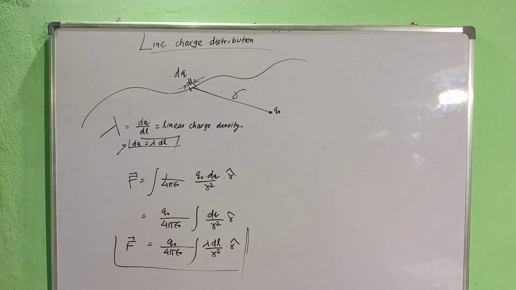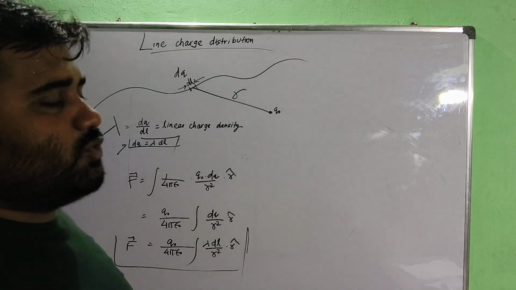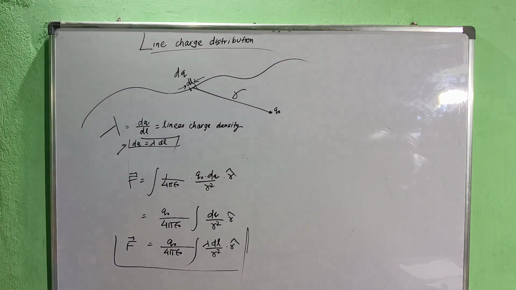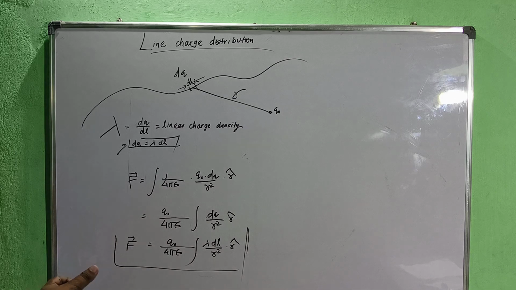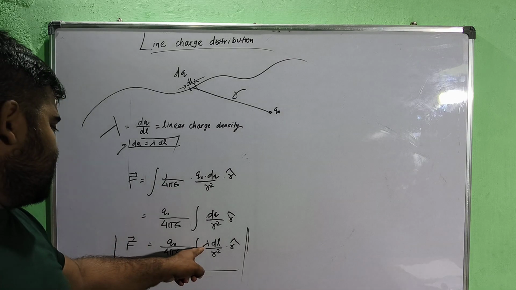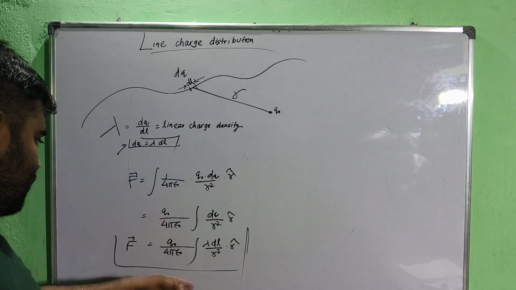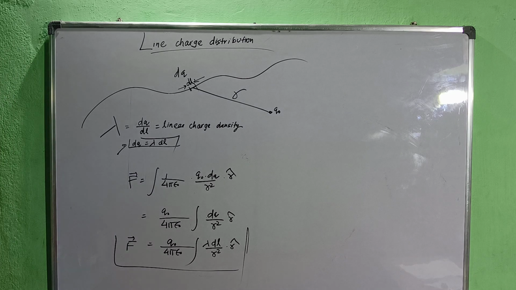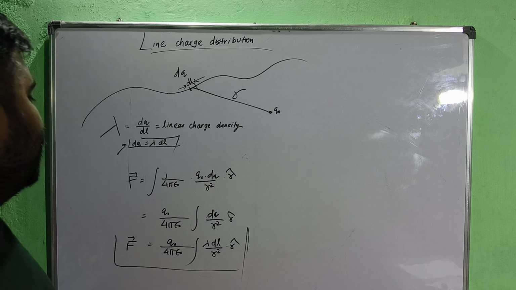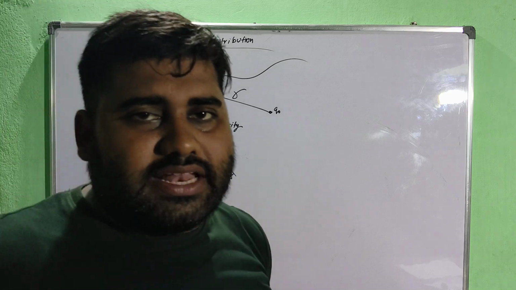For continuous charge distributions, we need to conduct the problem like this. The problem should give us lambda and the distance, and we know all of this. So this is it. We have learned about continuous charge distribution and its types, and let us now jump to the next concept.